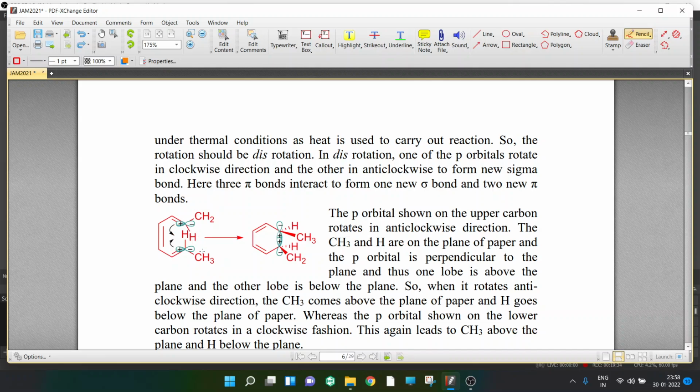Think about it, understand, then only move ahead. Okay, so you are rotating like that. So you understand this hydrogen is there and CH3 is there. When you are rotating it like that, CH3 is coming outside the board, H is going inside the board. That's what I have written here. CH3 is coming outside the board, H is going inside the board. Similarly here also, when you are moving like that, again CH3 is coming front and H is going back.